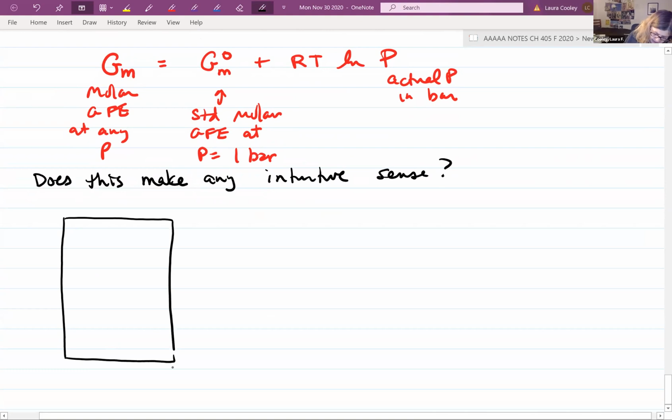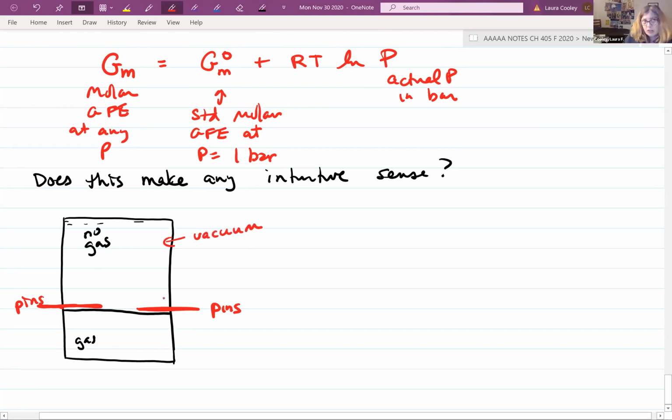So if I have a container, and I take a movable wall and move the wall down so that there is no gas here and there is gas down here. And then I hold this wall down with these very sturdy pins. They have to be very sturdy because I have a vacuum in here.